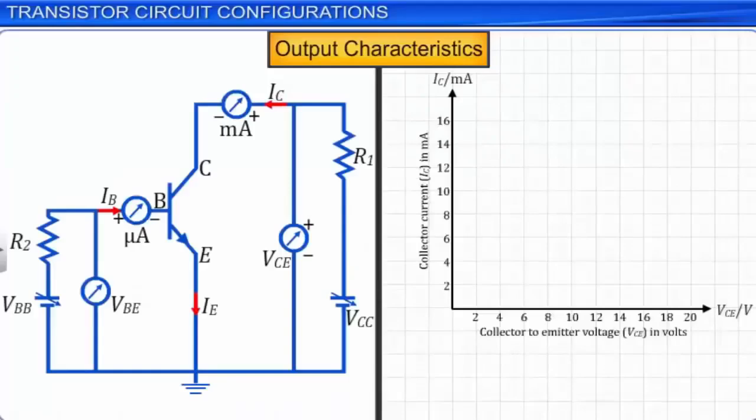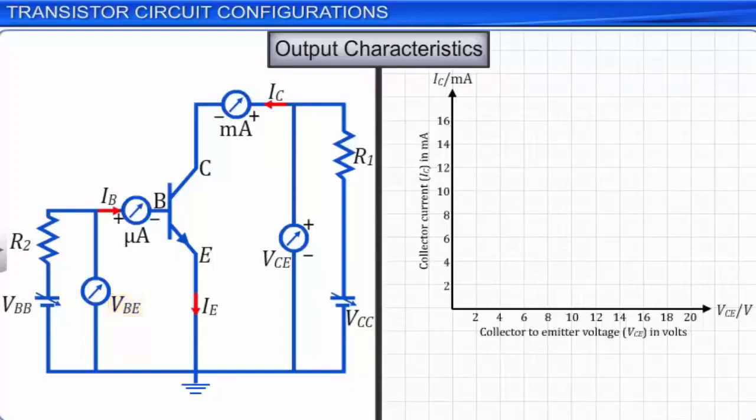The output characteristics of an NPN transistor in common emitter configuration can be studied by plotting the collector current IC against the collector emitter voltage VCE at a constant base current IB. Since the base emitter junction is in forward bias, a small increase in the base emitter voltage VBE increases the hole current from the emitter and the electron current from the base.